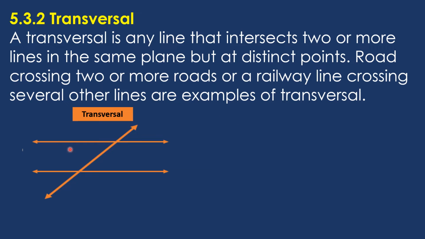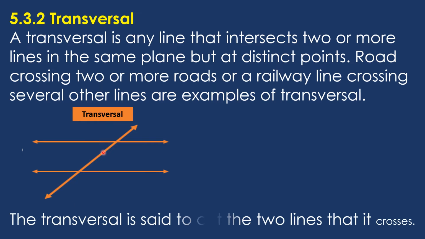So here we have two lines, and one line is crossing the two lines and intersecting them at two points, and this is called a transversal. A transversal is said to cut the two lines that it crosses.